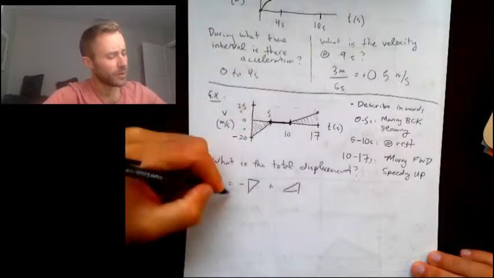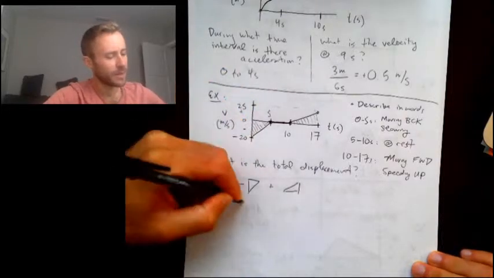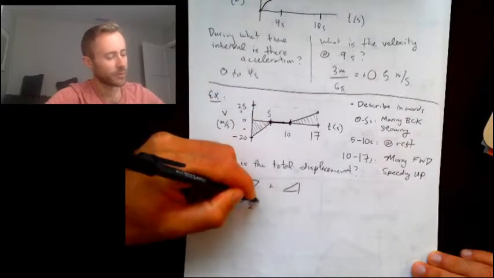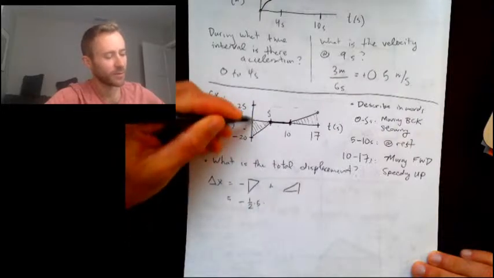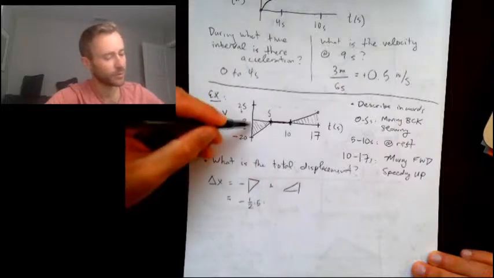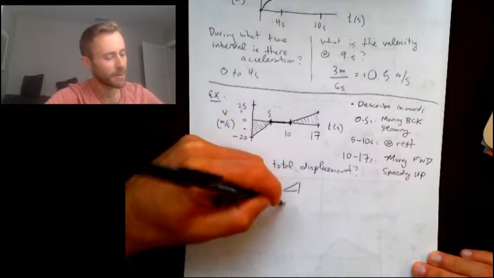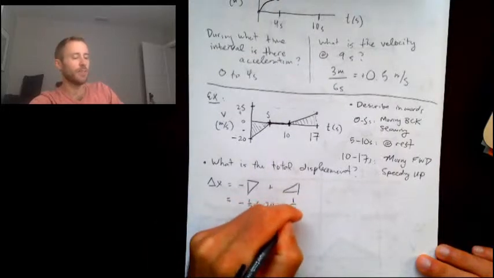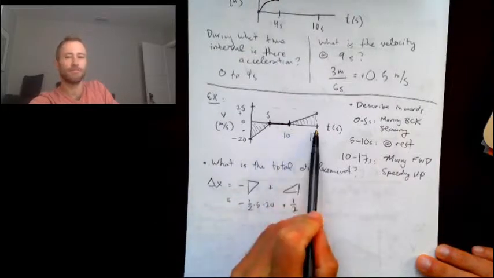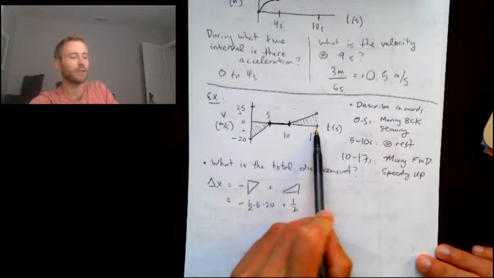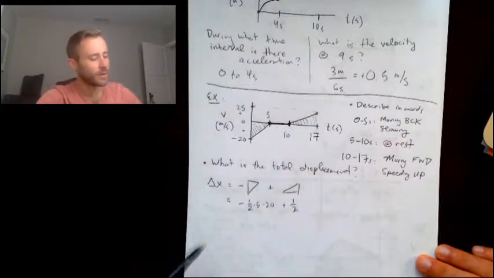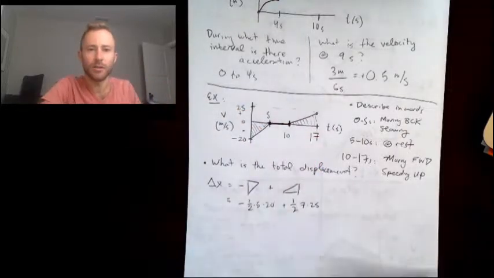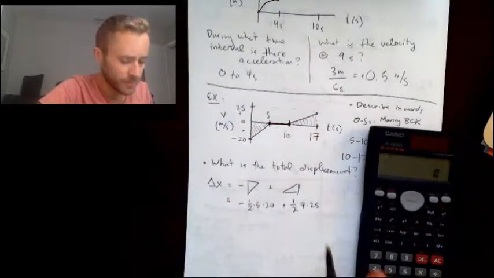If we look at that first triangle, it has a base of 5, so 1/2 times 5, and a height of 20, because it goes from 0 to negative 20. For this second triangle, it has a base of 7 and a height of 25. So that's 7 times 25. So now I'm going to use my calculator, plug that in.